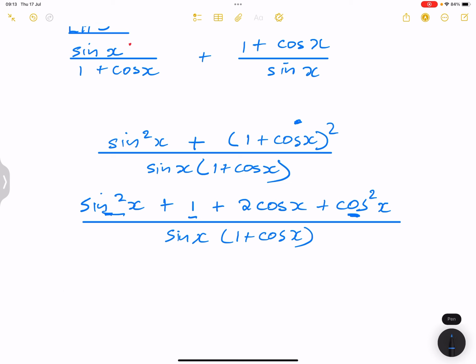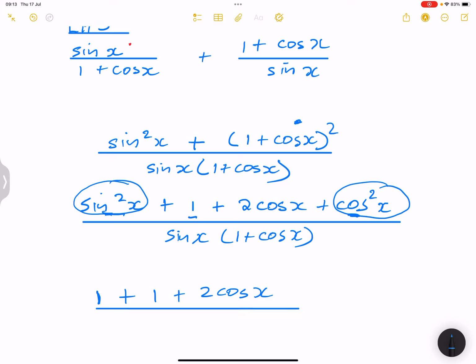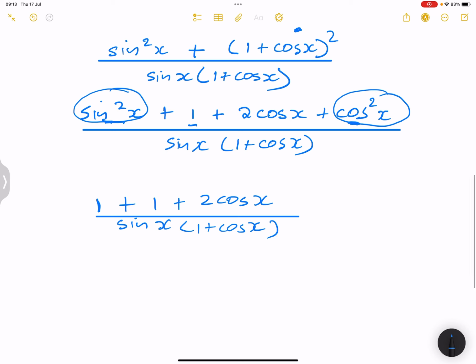So this guy and that guy became 1, but we still have everything else. 1 plus 1 plus 2 cos of x, and this is divided by sine x into 1 plus cos x. And now, I want you to note, we can add those two together. 1 plus 1 gives us 2, plus 2 cos of x, divided by sine x into 1 plus cos of x.